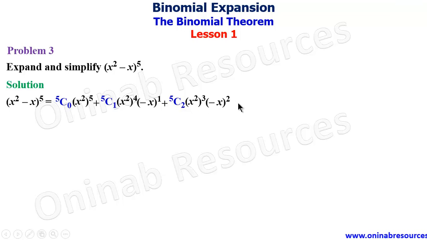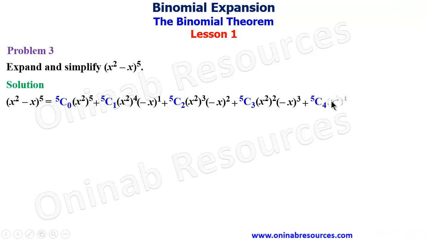Then the next term is going to be 5 combination 3. Then we have it as x squared raised to the power 2. Then this one, which is negative x, will be raised to the power 3. Then we go for the next term, which is 5 combination 4. This one is going to be x squared raised to the power 1.